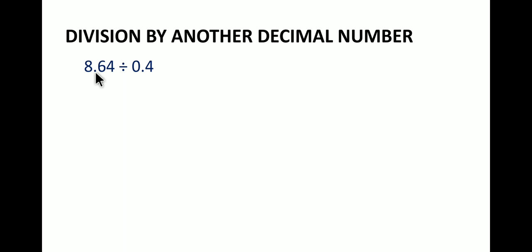So the point moves one place towards right, and it comes in between 6 and 4. So one place towards right it becomes 4, and this number becomes 86.4. So you'll get 86.4 being divided by 4.